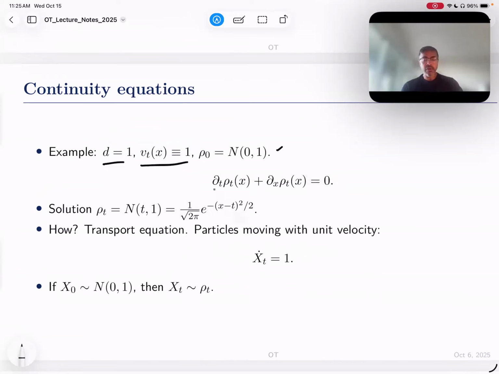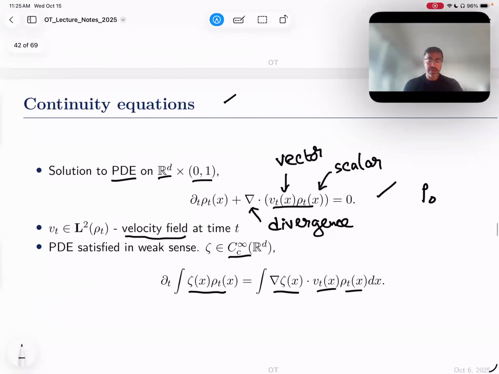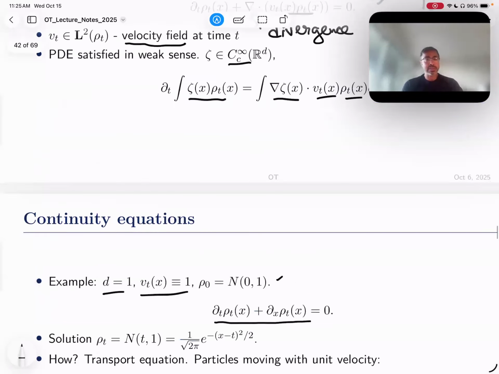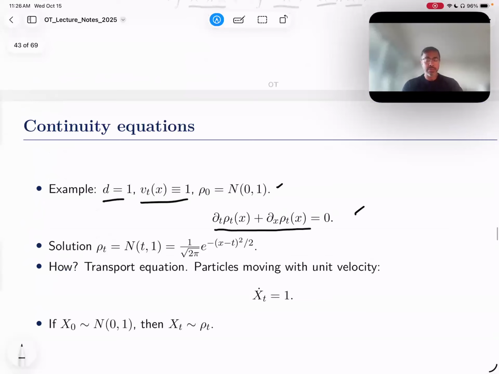And then I'm trying to solve del t rho t of x plus del x rho t of x equals 0. This is my continuity equation, because if I take my velocity field V t to be exactly 1, then it just drops out. I'm in one dimension, so the divergence operator is just the partial derivative with respect to x. And so I get del t rho t plus del x rho t is equal to 0. And that's what I'm looking for.